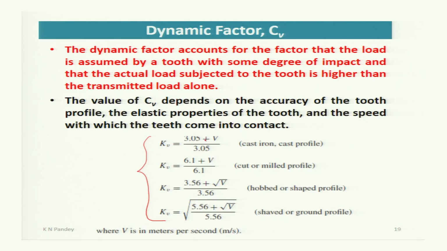It is also called the Barth equation. For a cut or milled profile, this one. For a hobbed and shaved profile, this one. For a shaved and ground profile, this one. Shaved and ground means this is a precision gear, and the surface finish is good. But when we are moving in this way, the surface finish is not good, so the pitch line velocity should be smaller for this case, because the value of Kv will be bigger.